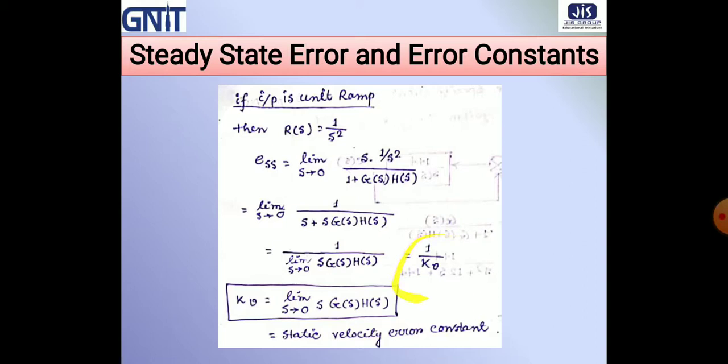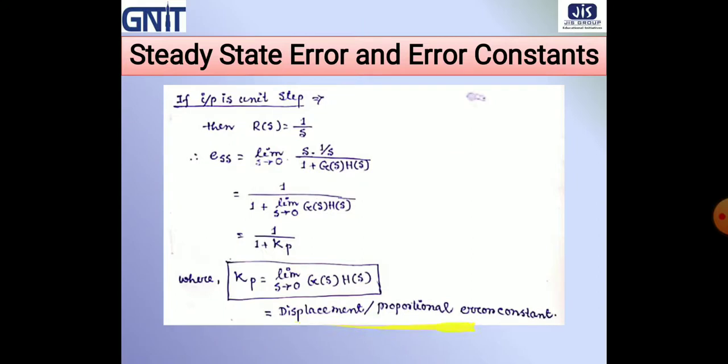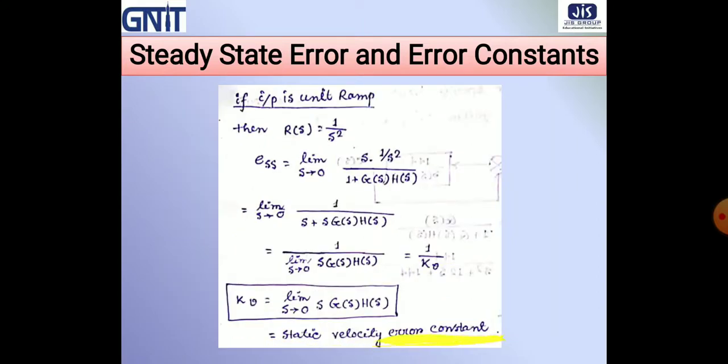That means 1 by Kv. So Kv is equal to limit s tends to 0 of s into G(s)H(s). That is our static velocity error constant. So this is our displacement or proportional error constant, and this is our velocity error constant.